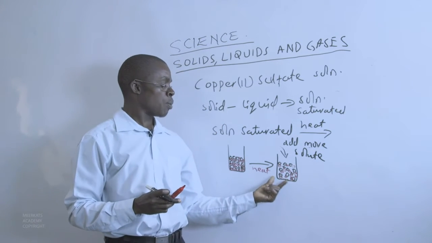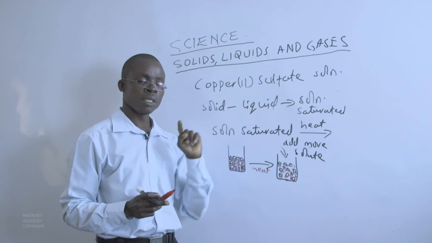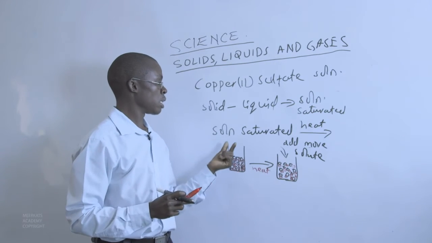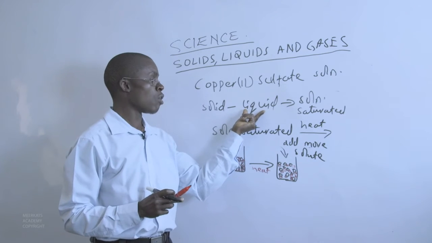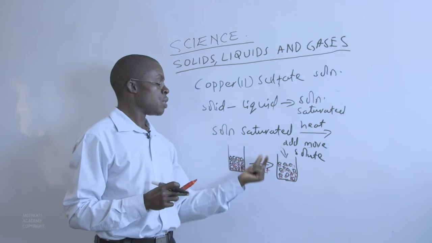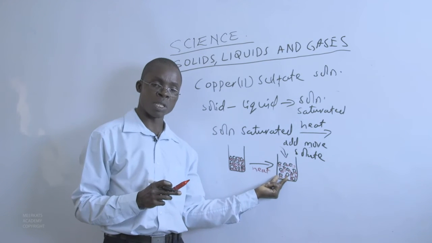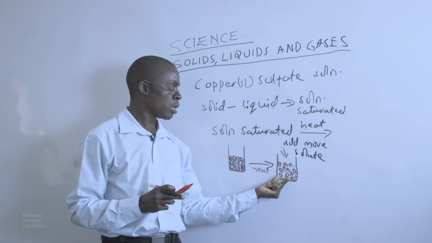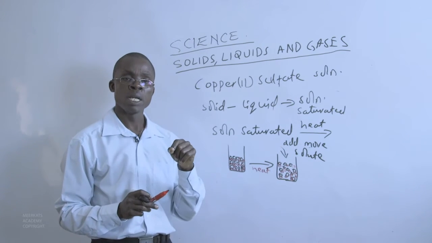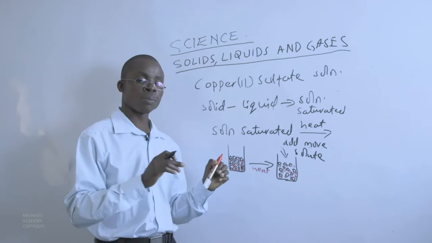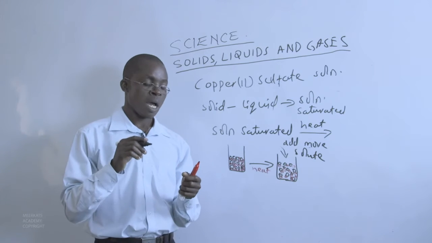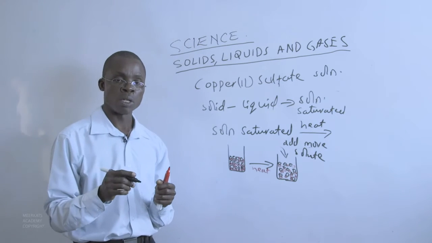So the point here is when you heat a saturated solution, you make the solvent, or the liquid particles, more mobile. When they become more mobile, they create more spaces between them. And when they create more spaces, more solute can be added until the point where all the spaces have been filled, and then you have acquired a new saturated solution.